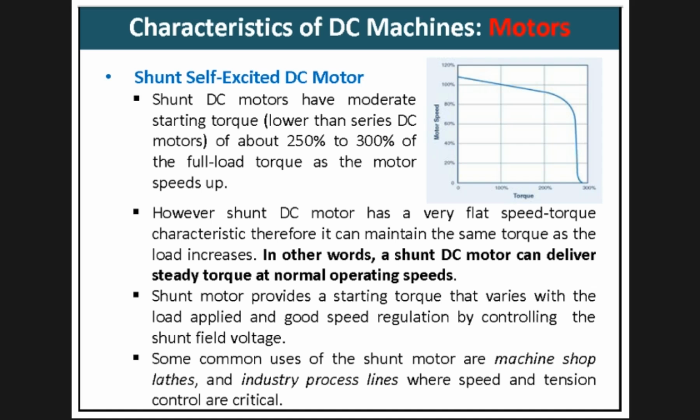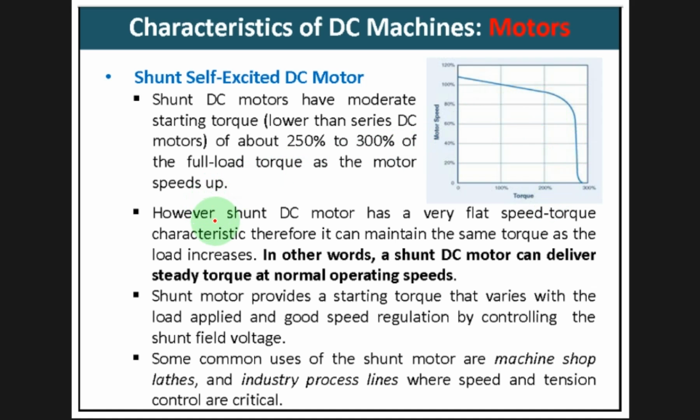Therefore the shunt DC motors have moderate starting torque, lower than the series DC motors, of about 250% to 300% of the full load torque as the motor speeds up. So initially it has about 250% or 300% of the full load. Full load is somewhere here, right?